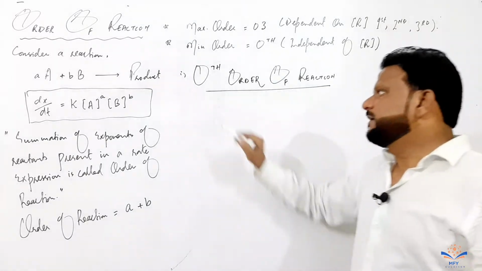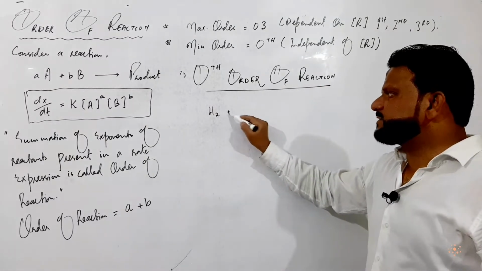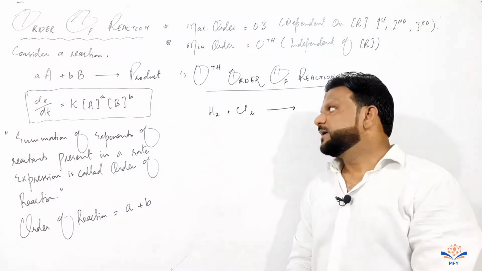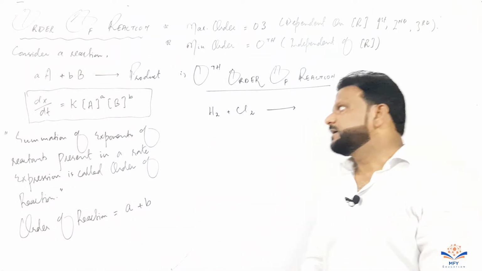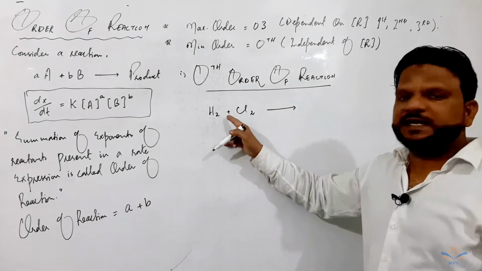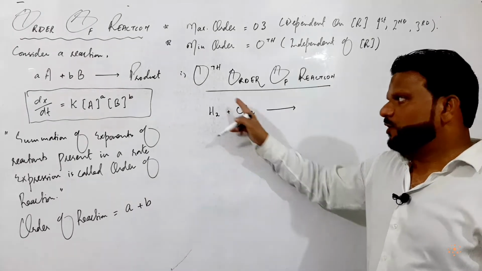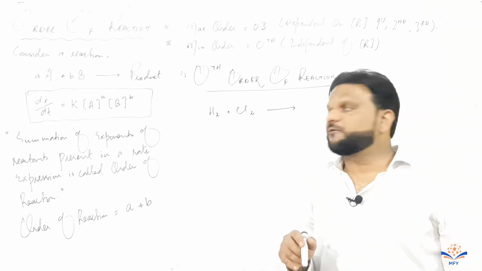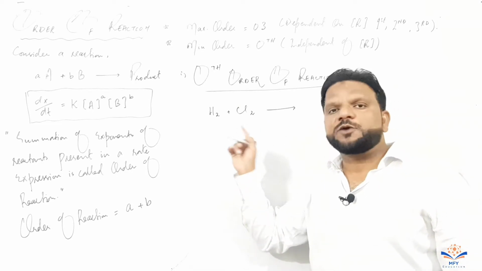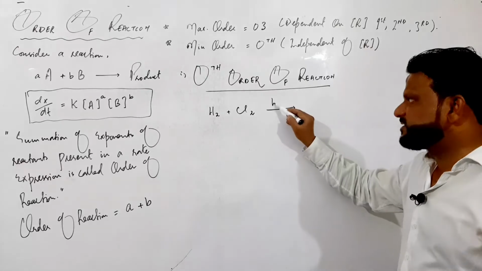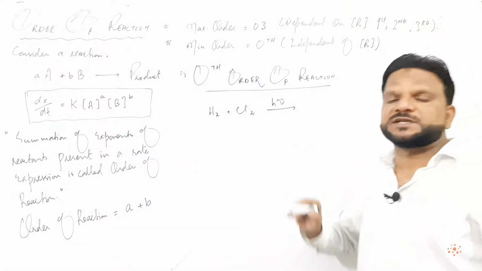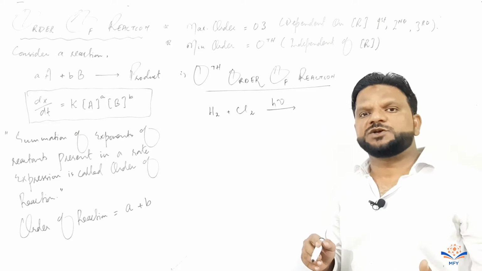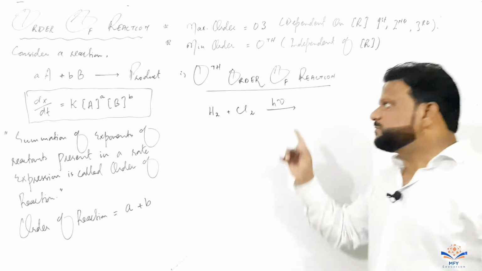For example, when hydrogen reacts with chlorine to form HCl, if we increase active masses of hydrogen or chlorine or both, product will not form, because it requires a condition, that is h nu. h nu represents sunlight. h nu is the total energy of a photon.